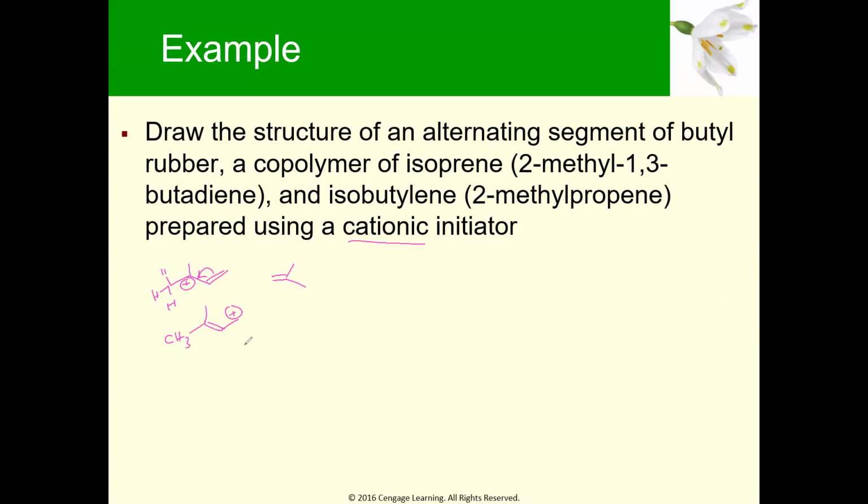And we even saw this mechanism when we talked about the 1,4 additions with conjugated dienes, and that's what we started with, a conjugated diene. Okay? So now this other monomer can act as a nucleophile and react with that, and basically it forms a bond between those two.